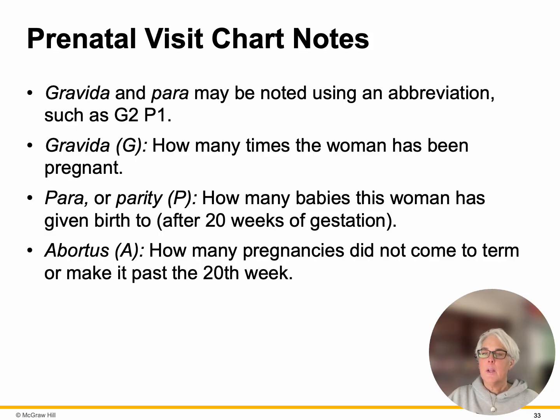When I see something like G3P1A1, I translate that as three pregnancies, one birth at or after 20 weeks, and one lost before 20 weeks. And having that history coded helps explain why some pregnancies are considered high risk.